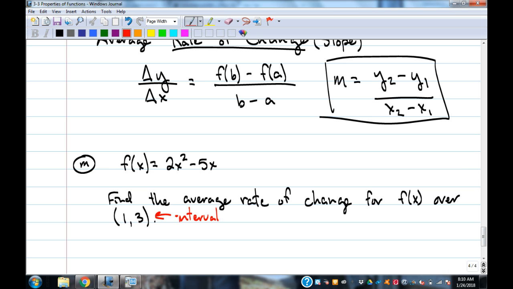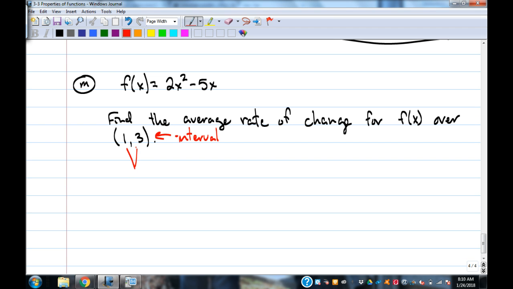So we've got a or b from this formula up here, or x1 and x2 from the slope formula, that we've gotten from them in the interval. They gave us X values. That's the key here. You've got to know that they're X values. So in order to find a slope, we need X and Y values, right? So if we've got the X values and we've got an equation or a function, we can find the Y values to go with them, right? How do we do that?